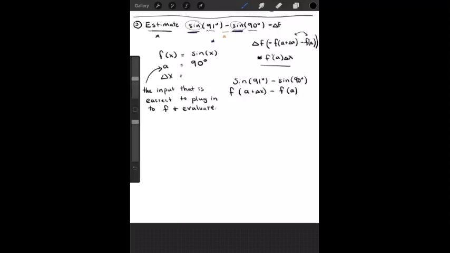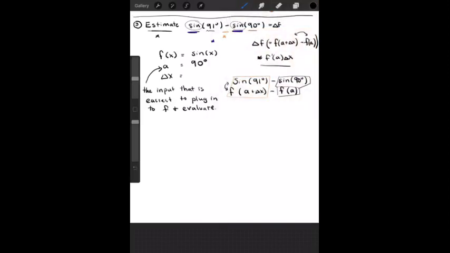So if we're thinking about matching these two equations up, and we've already said that f of x is sine of x and a is 90 degrees, then f of a is clearly matching up with sine of 90 degrees. That's what the two things that we've already found are. Which means that these two, sine of 91 degrees and f of a plus delta x, should also be matched up.